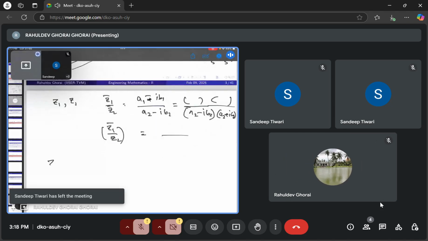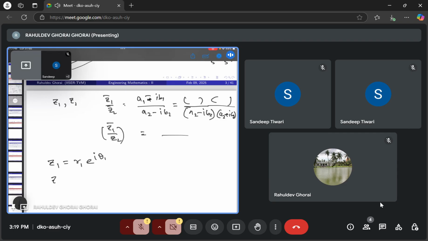Or also one can always do like this: z1 equal to r1 e to the power i theta 1, and z2 is r2 e to the power i theta 2. For any two complex numbers, one can write this polar transformation. Now what is z1 bar over z2 bar?